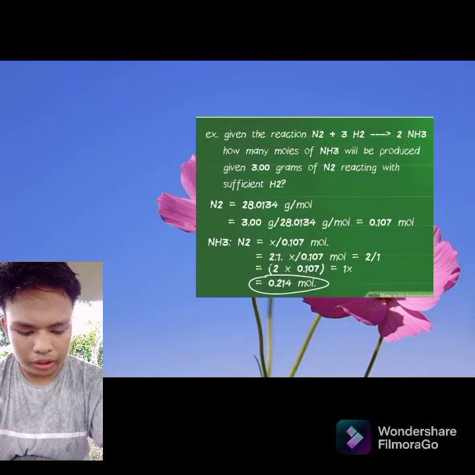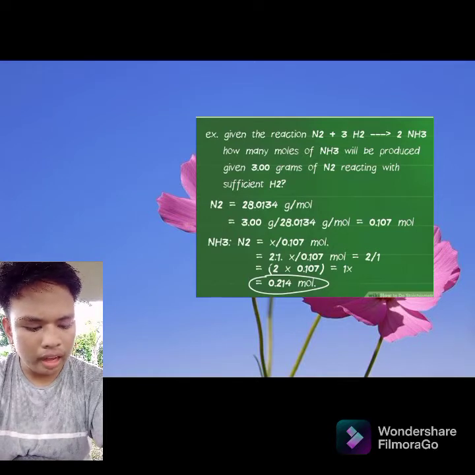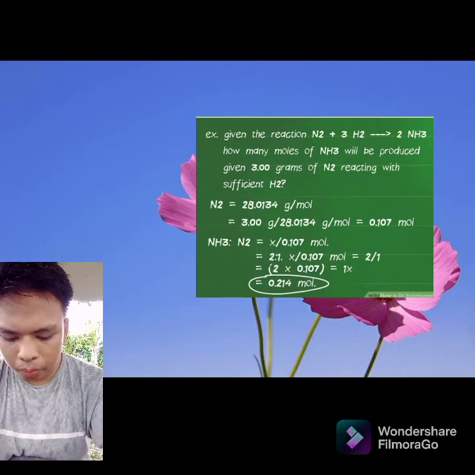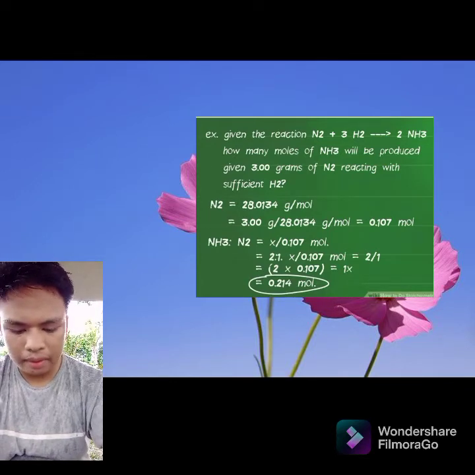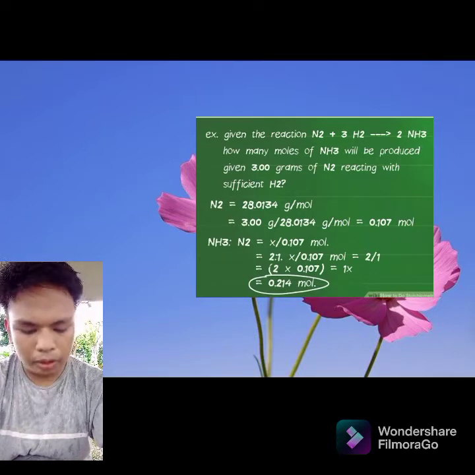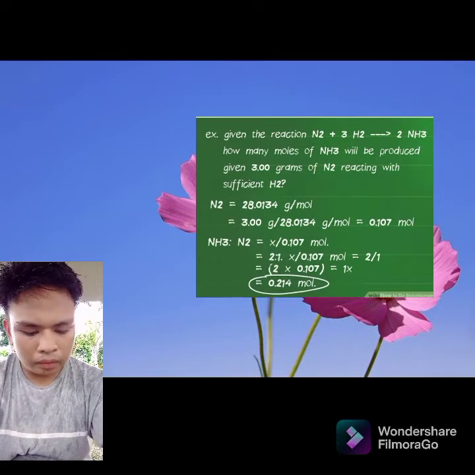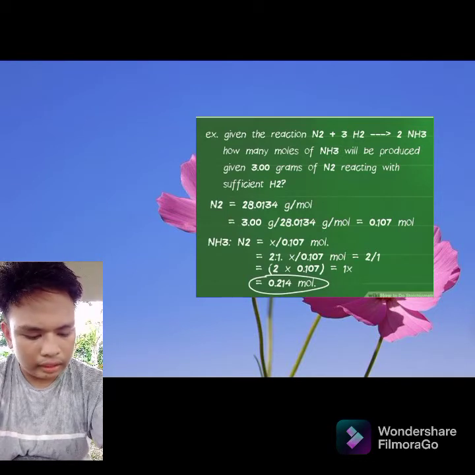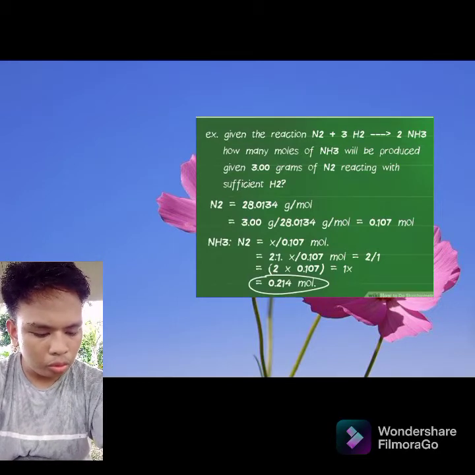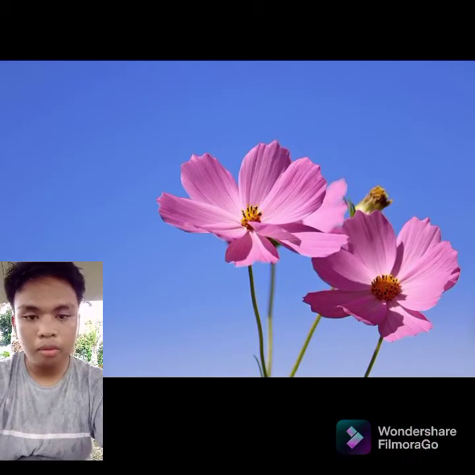Cross multiply this ratio by the molar ratio of ammonia to nitrogen gas: 2 to 1 equals x to 0.107 moles, so 2 times 0.107 is equal to 1 times x, and x equals 0.214 moles.